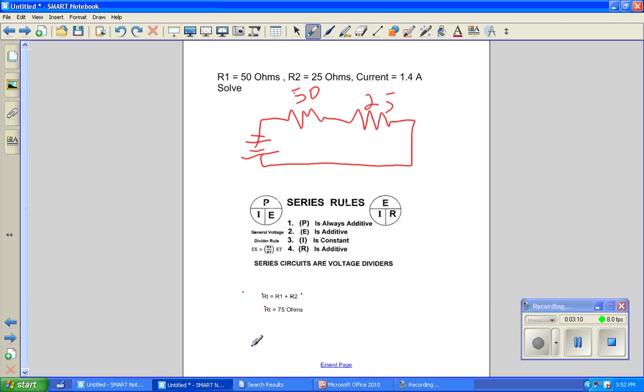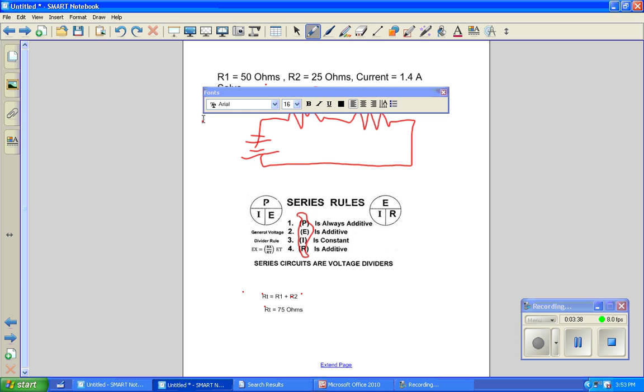Something I want, by the way, is to start getting you in the habit of doing something. You see the PEIR right here? I want you to put that next to every resistor or anything you have, like your totals.